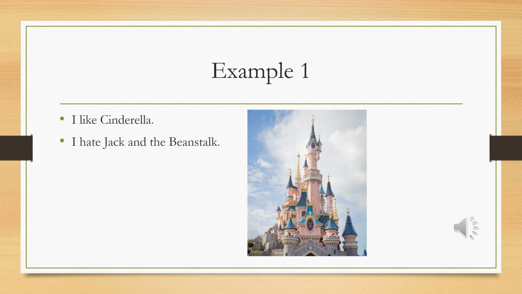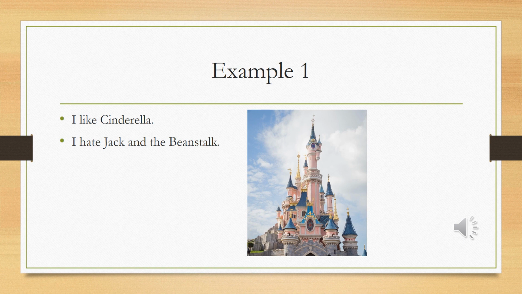So let's try an example. Let's say you have 2 simple sentences. I like Cinderella. I mean, not the girl Cinderella, but the story Cinderella. And then you have another sentence. I hate Jack and the Beanstalk. Now, the trick is to put them together in one sentence. They are both independent clauses, meaning that they are not actually related to each other.